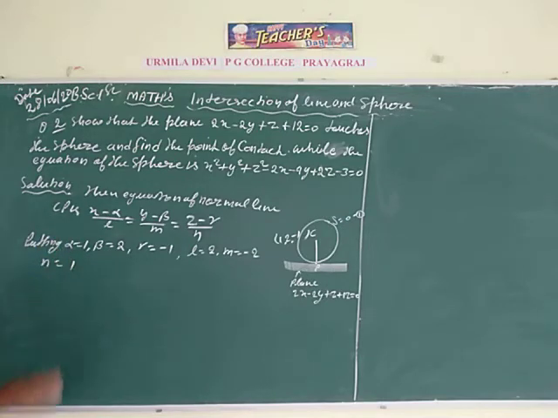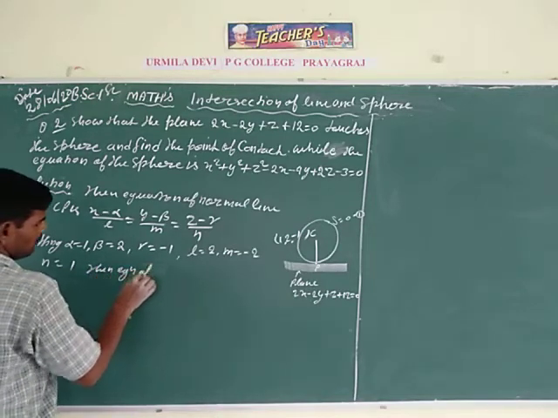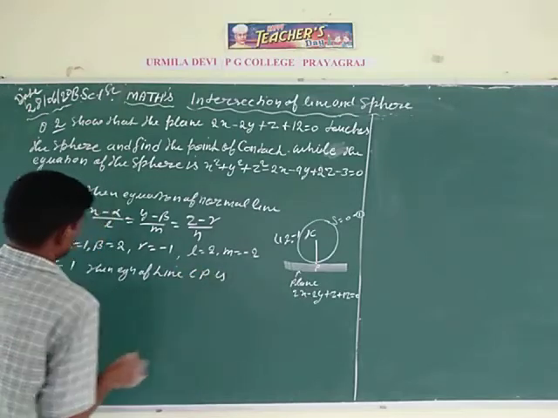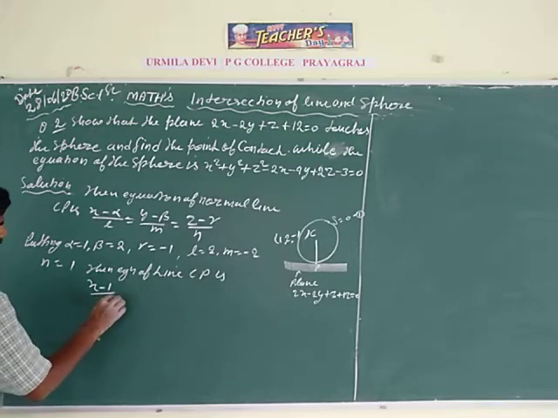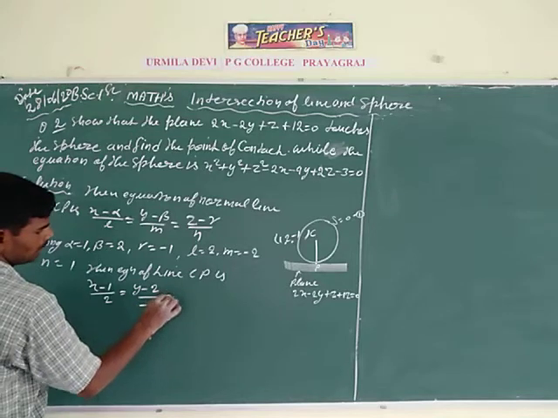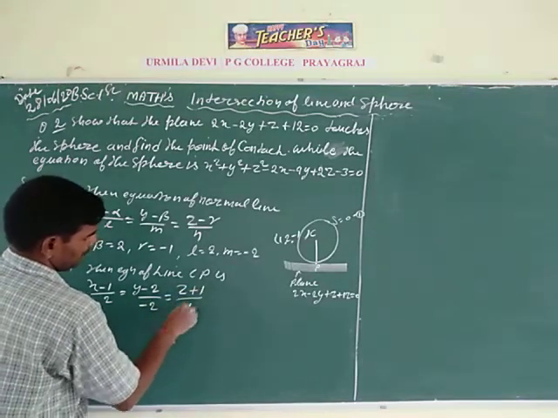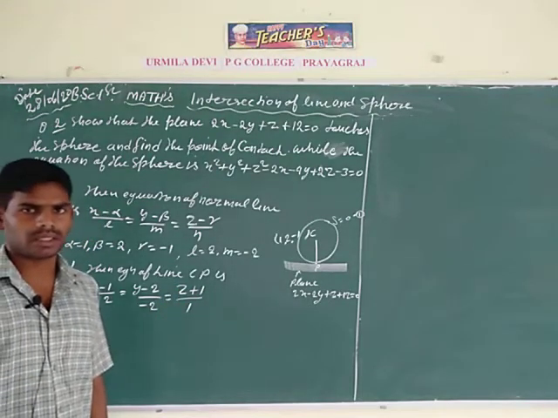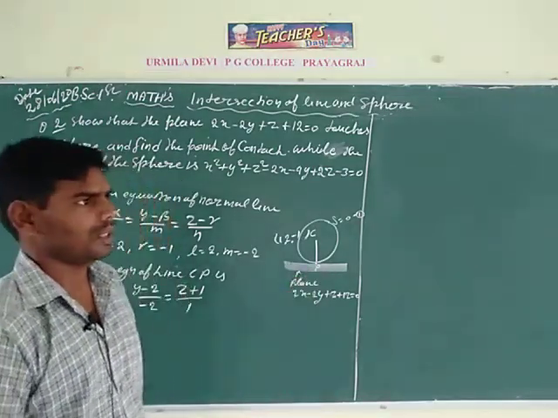Putting these values in the above equation, the equation of line CP is (x minus 1)/2, (y minus 2)/minus 2 and (z plus 1)/1, which is the equation of normal line CP.